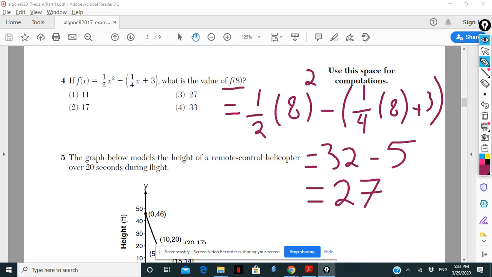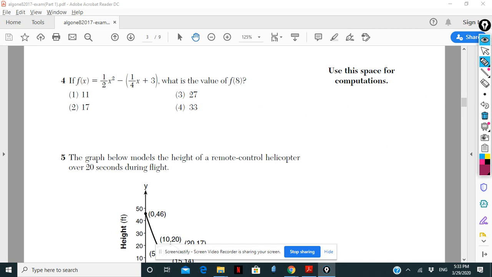So in that case, the answer must be 3. Just plug in.